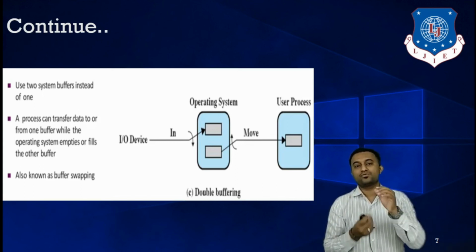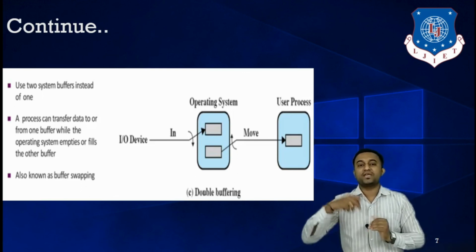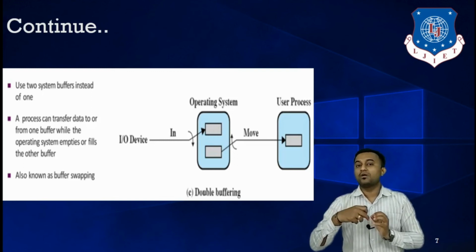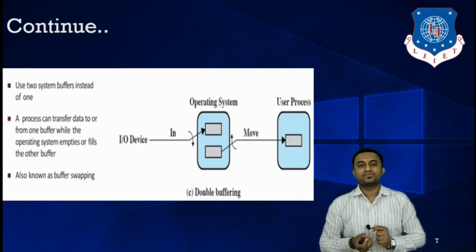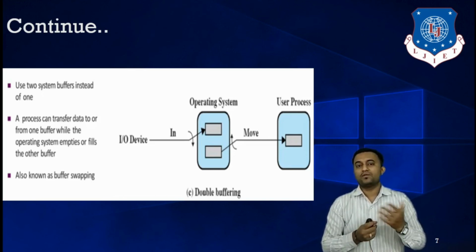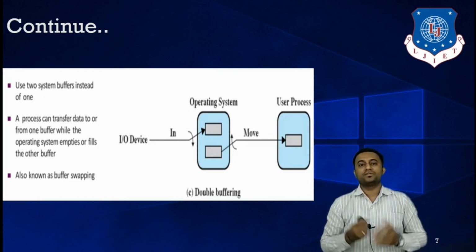Suppose out of two, the first buffer is used to insert something, so the second buffer would be used to delete something from it. So the coordination can be easily maintained in this case. Why? Because we have two buffers, and one buffer is dedicated for the in operation and another buffer is dedicated for the move operation.